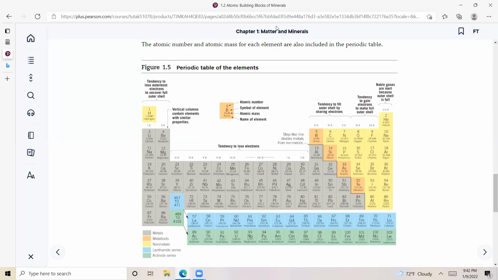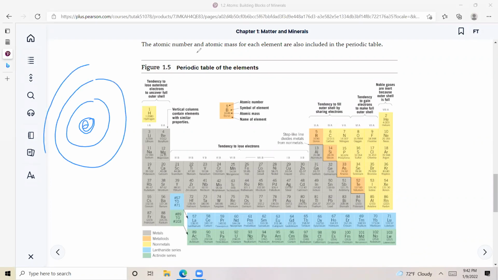Electrons are around the atoms, making shells. For instance, you have an atom here, and the electrons are going to be surrounded around the atom.